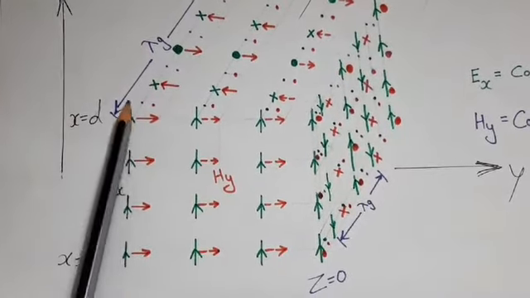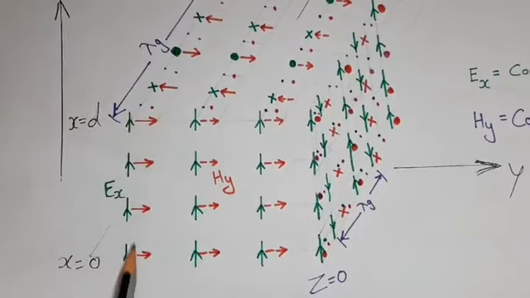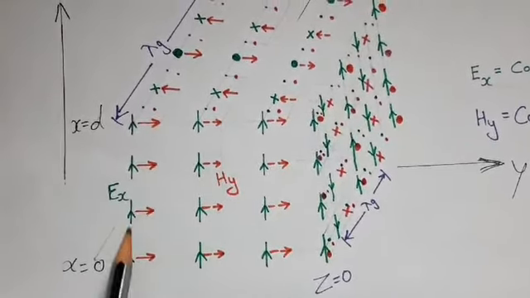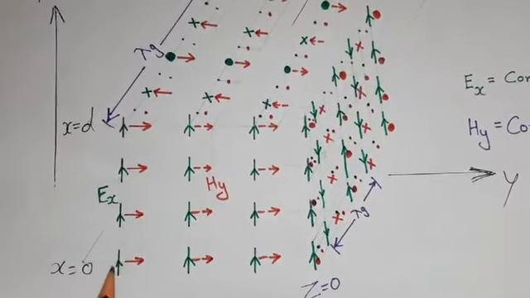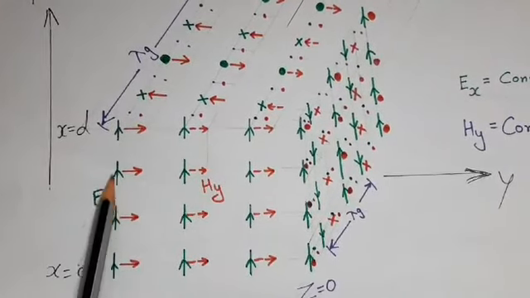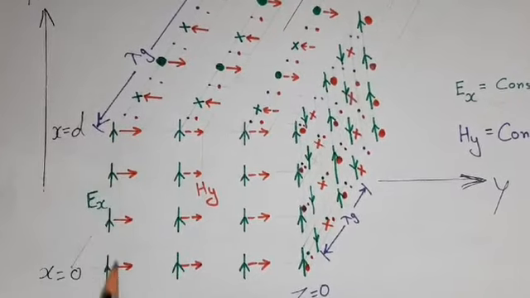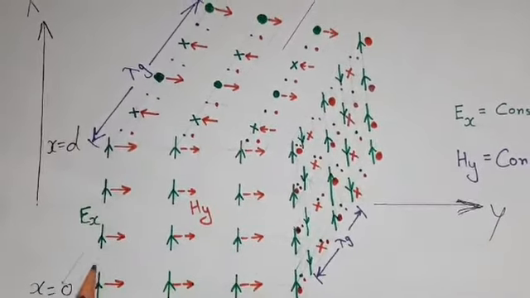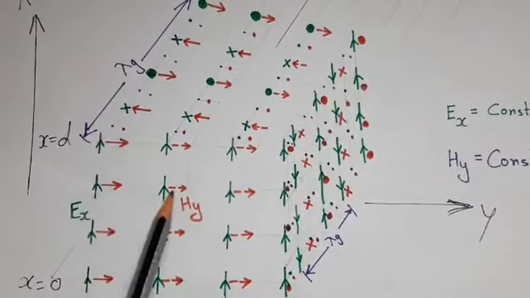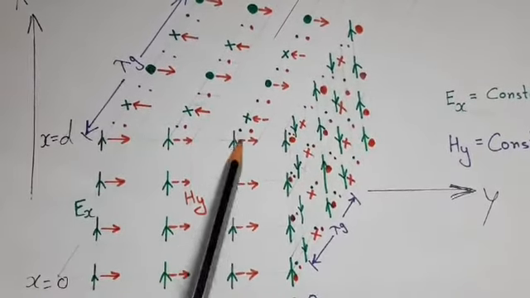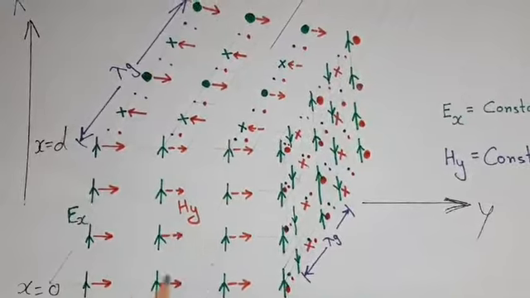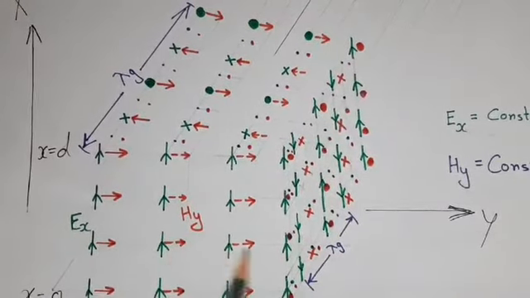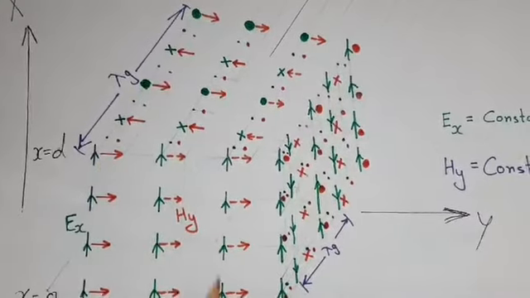Because Ex field is constant in x direction as well as in y direction, that's why we can mark Ex which is pointing in x direction. Because there is no variation in x and y direction both, therefore we keep Ex arrow length same in x direction and in y direction. Same arrow length indicates the strength of electric field is same in x and y direction.